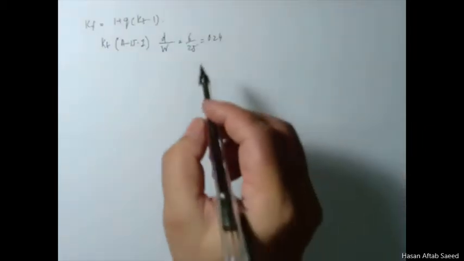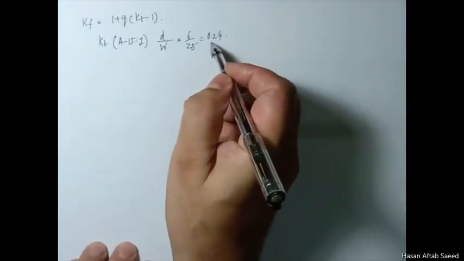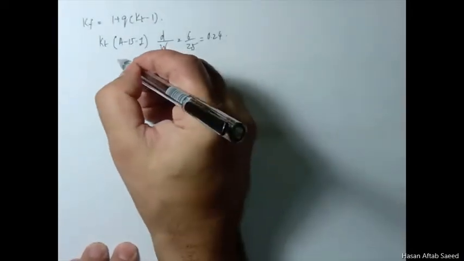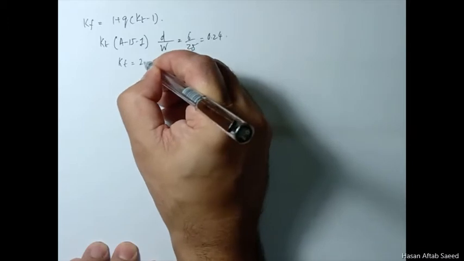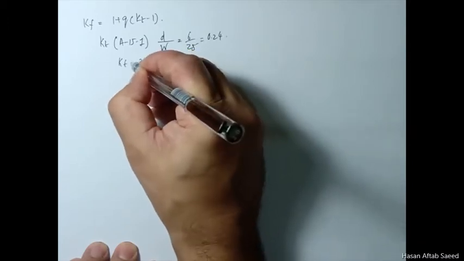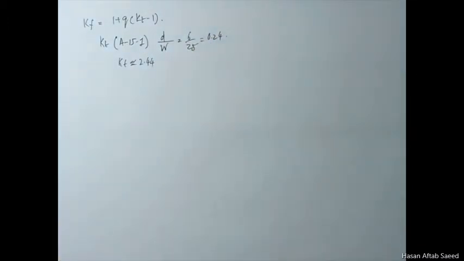Reading against d over w of 0.24 from the chart, Kt is nearly equal to 2.44, because it's not very easy to read it accurately.